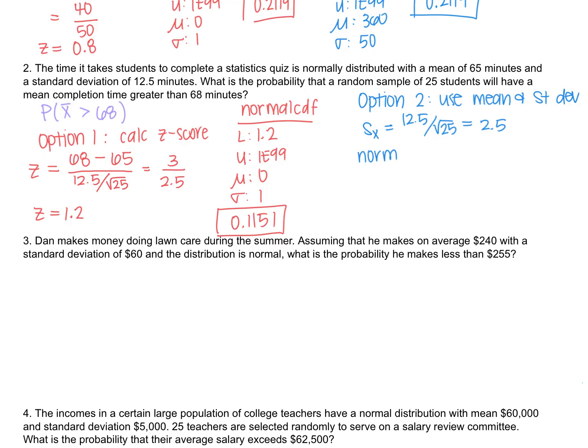Now we go to normal CDF. The lower bound is going to be 68, upper bound 1E99, and then we're going to use our mean of 65 and our new standard deviation of 2.5. And we get the same probability, 0.1151.